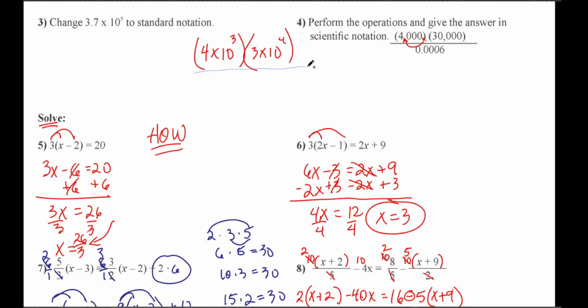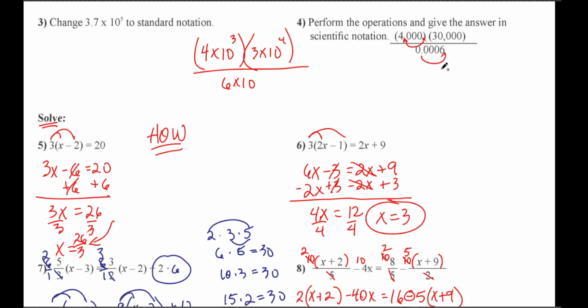And then the bottom. Now this is a smaller number. It's less than 0. So what's my exponent going to be? It's going to be what kind of an exponent? It's going to be a negative exponent. So where do I want to move my decimal? I want to move it right after the 6. I want one number before the decimal. So this is going to be 6 times 10. Now you don't just count up how many zeros. Right here, yeah, it worked.